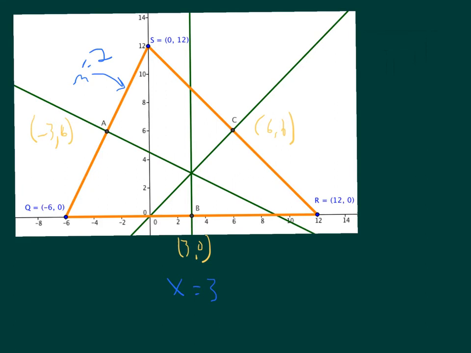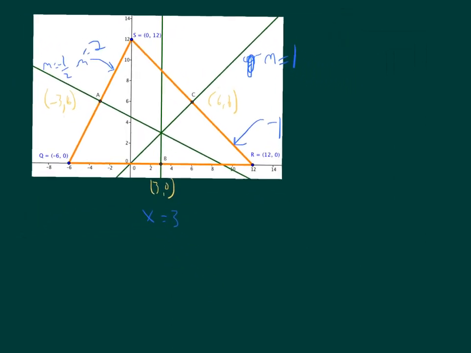SR, on the other hand, goes down 12 and over 12, so its slope is negative 1, which means the slope of this line here is 1. It's the opposite reciprocal. The slope of the perpendicular bisector of QS is equal to negative 1/2.